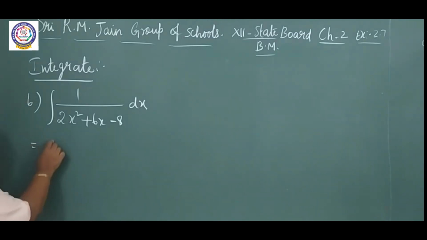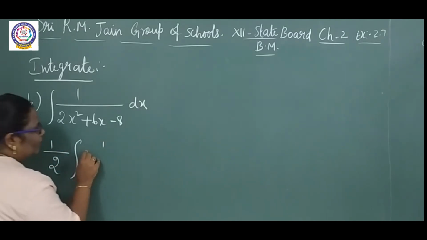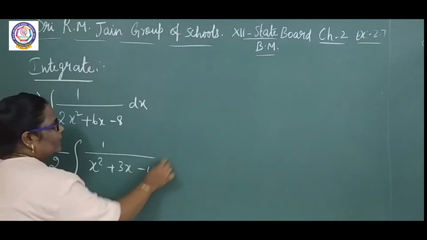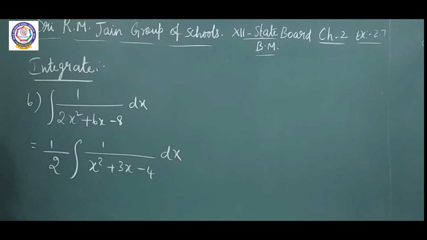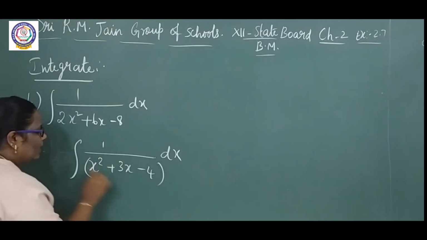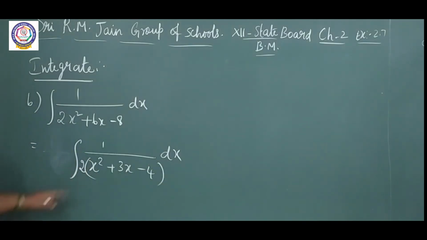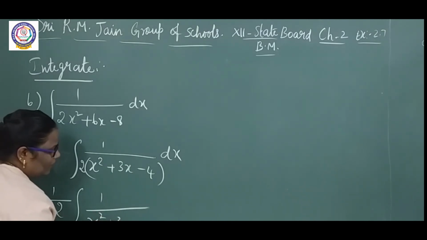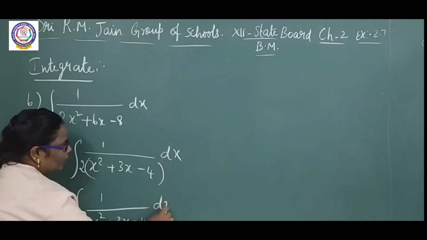So what value are you getting? 1 by 2 into 1 by x square plus 3x minus 4 into dx, taking 2 out as common. It gives 1 by 2 integral 1 by x square plus 3x minus 4 into dx.